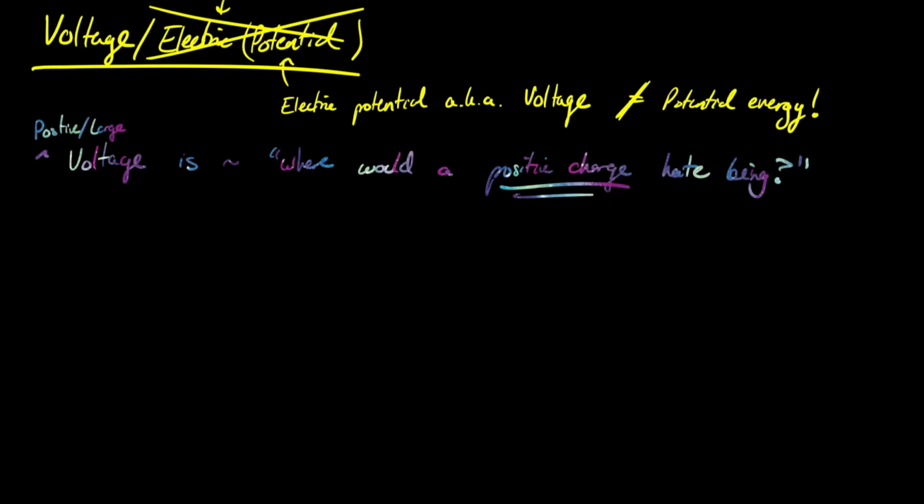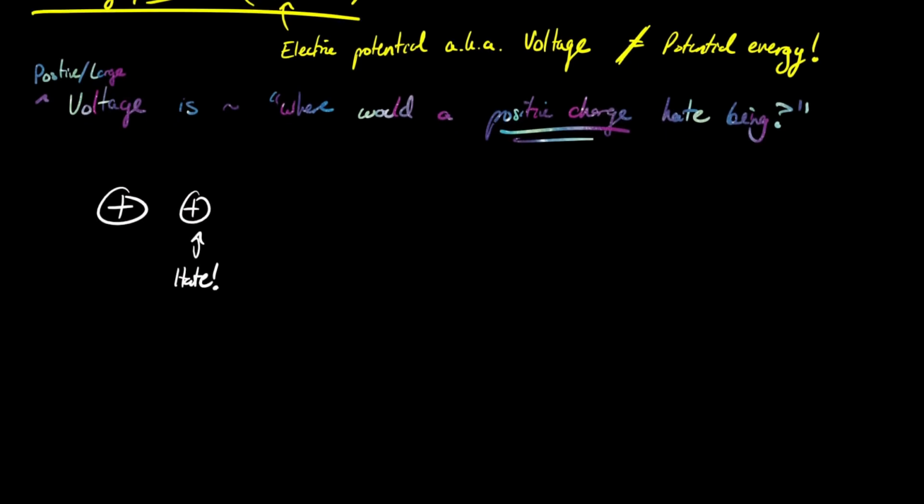Okay, as an example, let's go back to our case of the lone positive test charge creating an electric field. Positive charges hate being right here, so that means voltage is big positive.